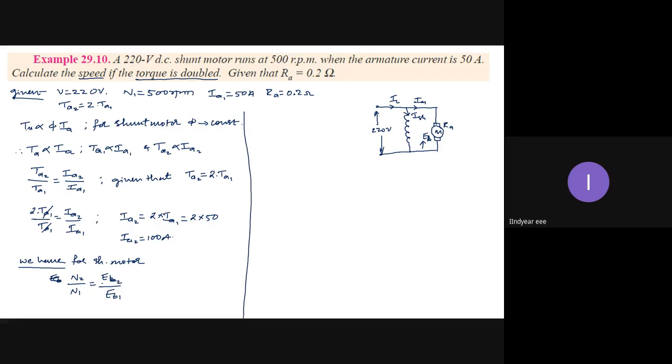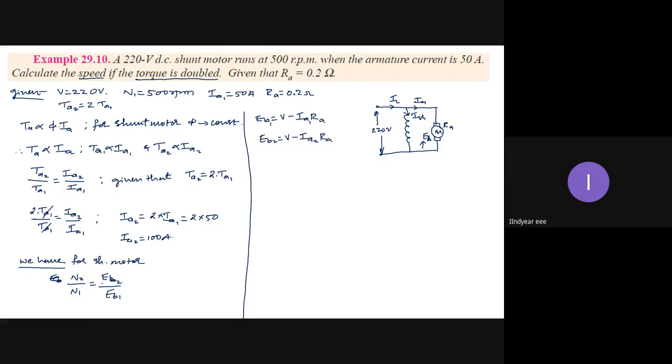Or you generally remember N2 by N1 equals EB2 by EB1 into phi1 by phi2. That will also do. And EB equals V minus IA RA, or EB1 equals V minus IA1 RA, and EB2 equals V minus IA2 RA.